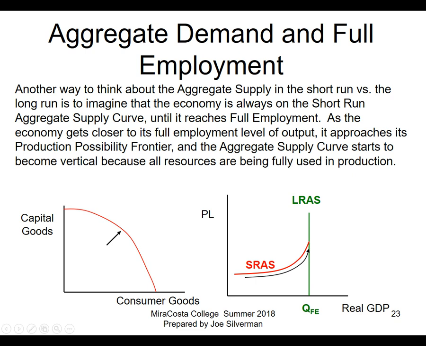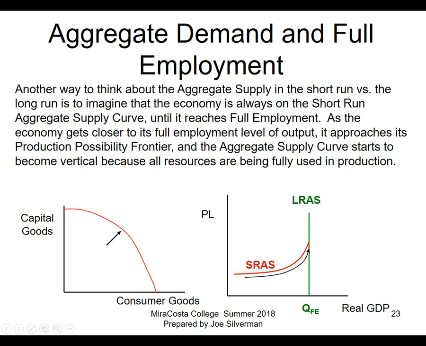All right, so how can we combine this model, our aggregate supply aggregate demand model, with a model that you've been exposed to before, at the beginning of the class and maybe in economics classes you had in high school? Think of being on the short run aggregate supply curve, but below the full employment level of output, as being inside of our production possibility frontier. Also think of us traveling along the short run aggregate supply curve and approaching the full employment level of output.